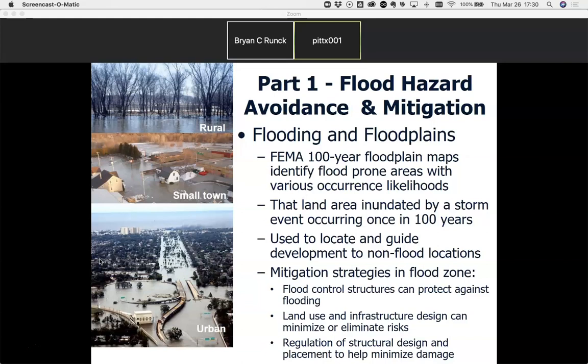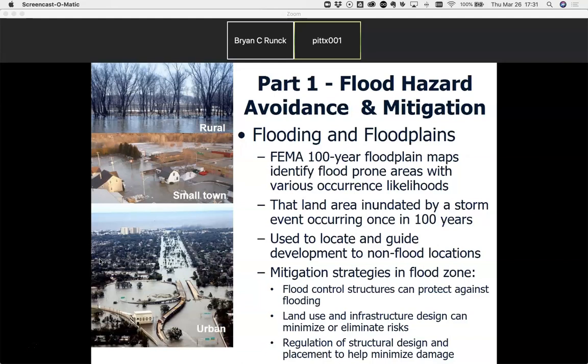Now, a floodplain is that land area that's inundated by a storm event occurring at a given frequency. So we can talk about the 100-year floodplain as being that land area that's inundated by a storm event that has a likelihood of occurring 1 year in 100 years.